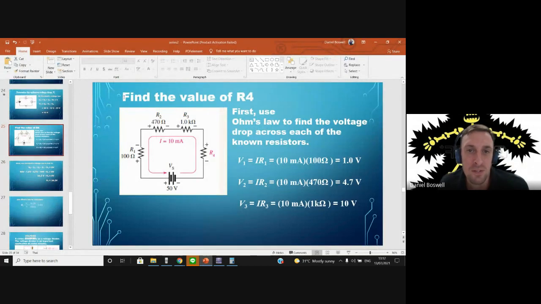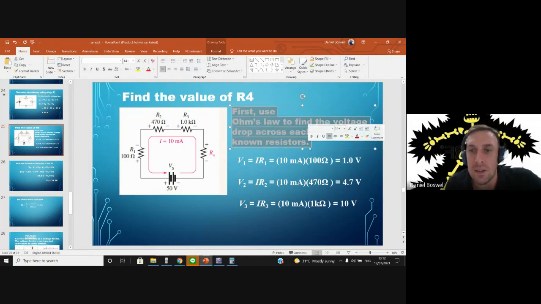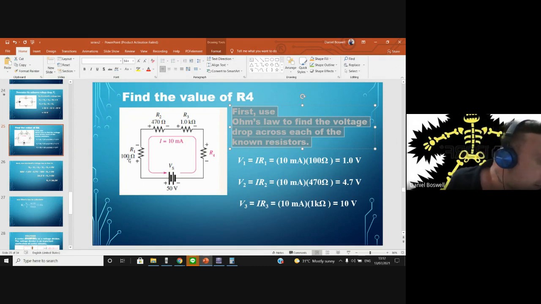So now we want to find the value of R4. Here we go. So resistor 4. First, we use Ohm's law to find the voltage drop across each of the known resistors.